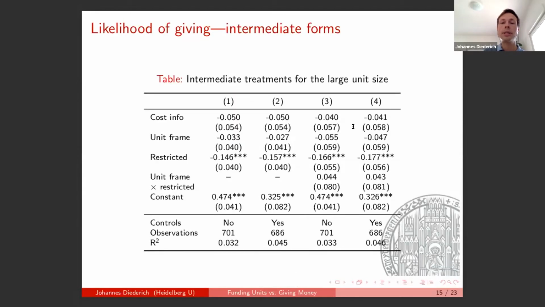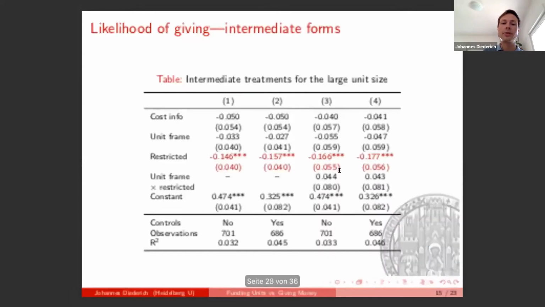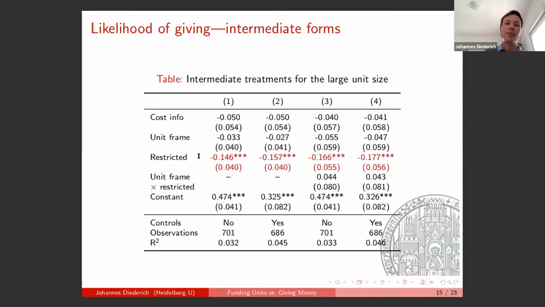The next table gives you an overview about the effect of the intermediate treatments of the certain dimensions with respect to the likelihood of giving. And what you can see here is that the actual dimension that drives this result is the fact that we restrict the choice set of subjects through switching from a money donation treatment to a unit donation treatment.